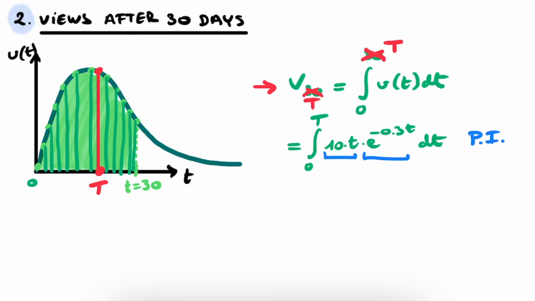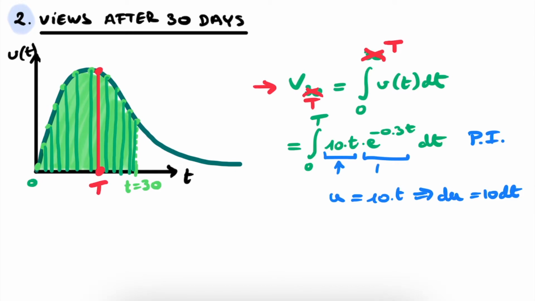First, we identify the two parts of our partial integration. Our function u will simply be 10 multiplied by t. And differentiating both sides, we get that du will be equal to 10 times dt. So the first function we already have down.